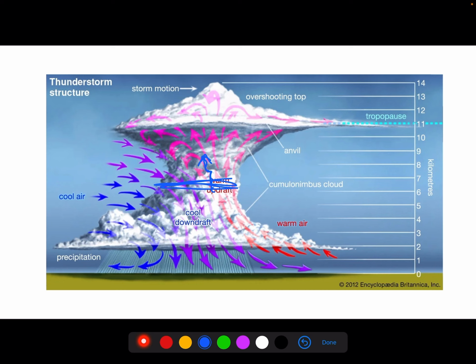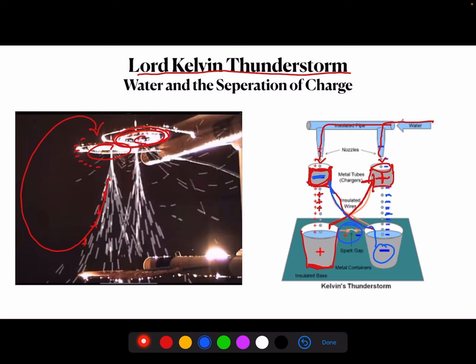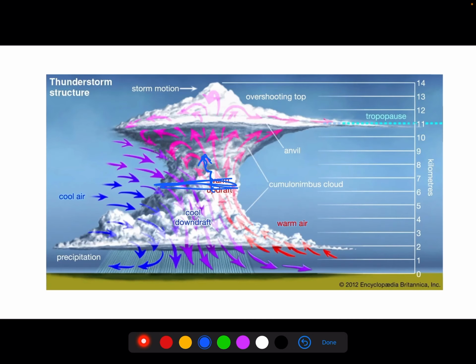It's almost like icy water droplets. And like the experiment I showed you, Lord Kelvin's thunderstorm, what it ends up doing is creating a separation of charges. You have negative charges that form at the base of the cloud, and you have positive charges that form at the top of the cloud.